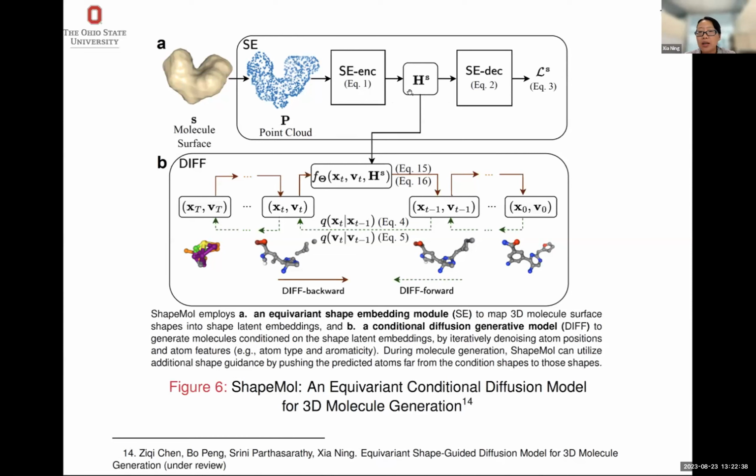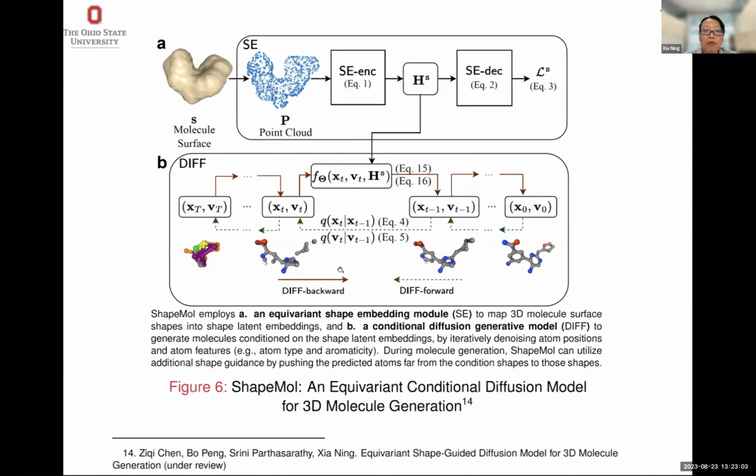And after we learn the embeddings, again, this is a diffusion framework. In the forward process, we just add noise to the coordinates of these 3D molecules and also add noise to the atom types until everything becomes a Gaussian distribution for coordinates and a categorical distribution for the atom types.